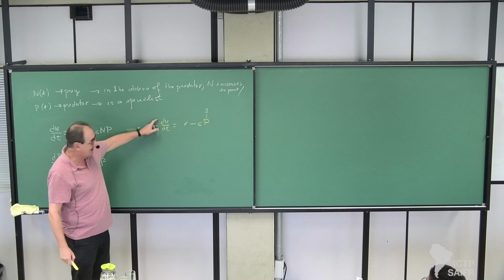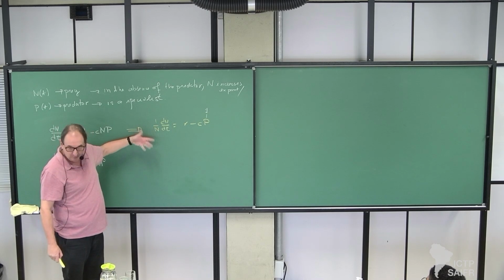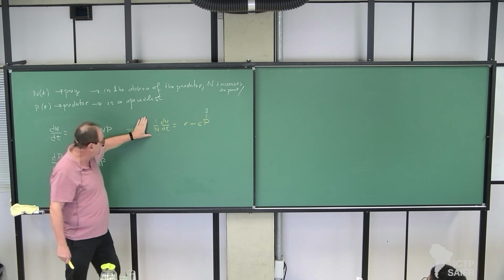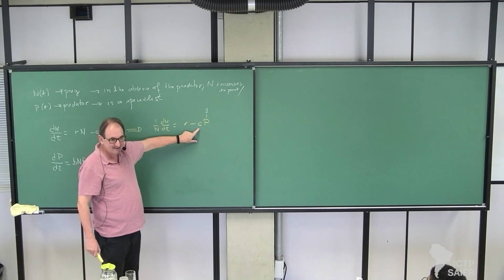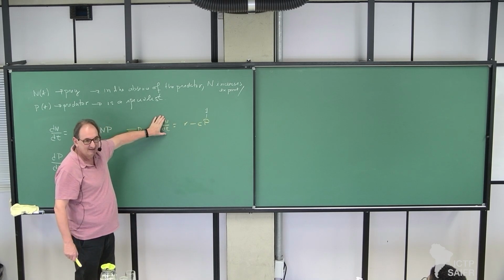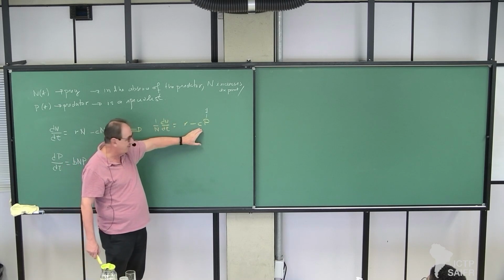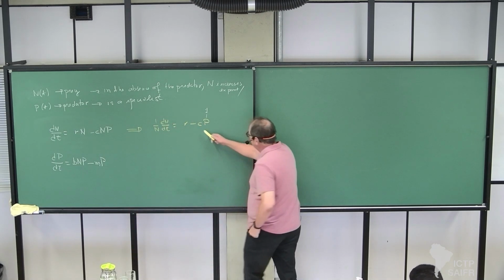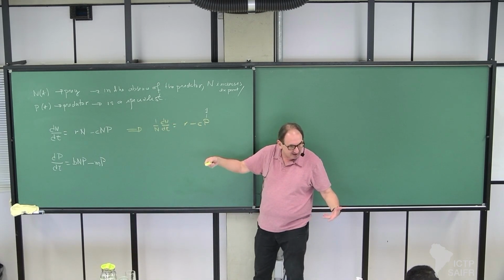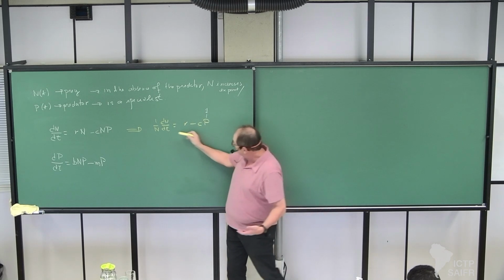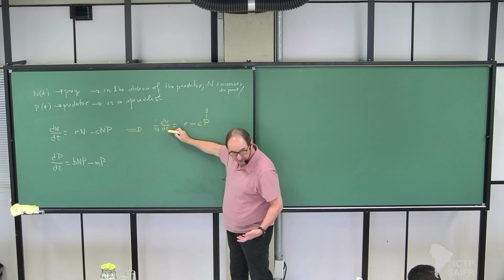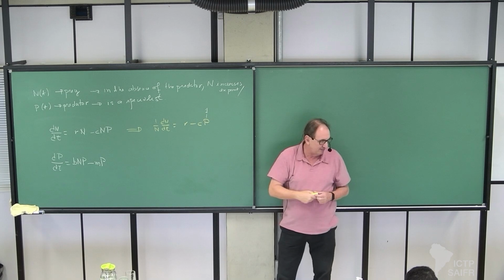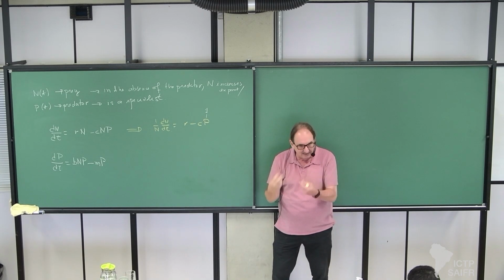So this is the per capita growth or decrease, the per capita variation of the population. So c is the per capita variation of the population due to one predator. If I have one predator, it will induce a change that decreases the population, and this gives you the variation induced by one predator. So this is the interpretation for c.